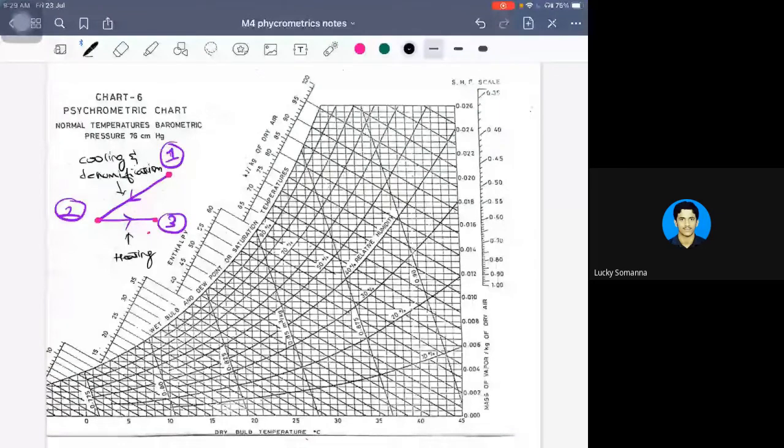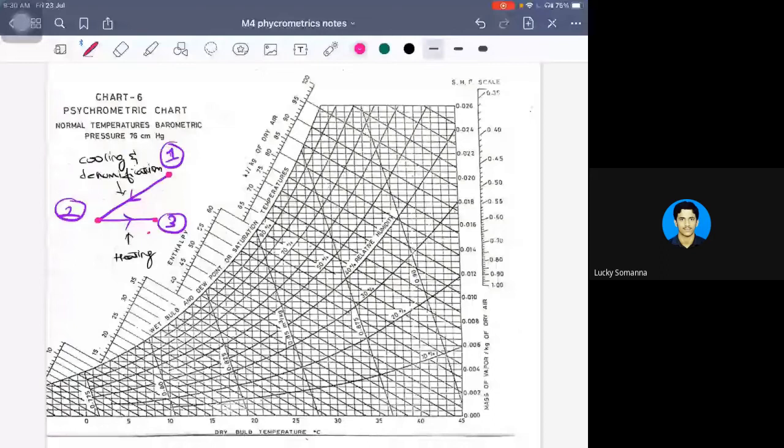So now if you look exactly, it is 0, 5, 10, 15, 20, 25, 30 here. We want 30 degrees Celsius, isn't it? So now look for the 30 degrees Celsius line there.